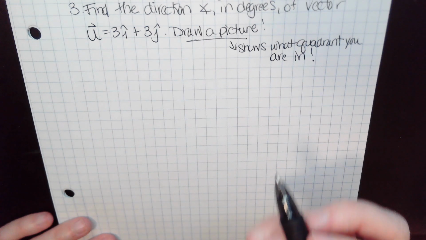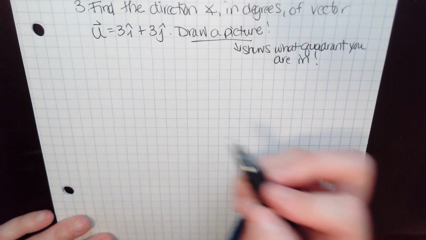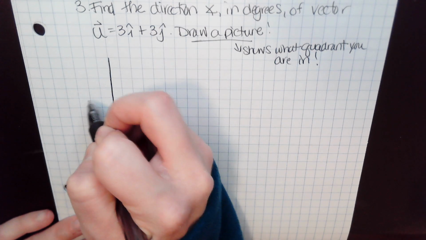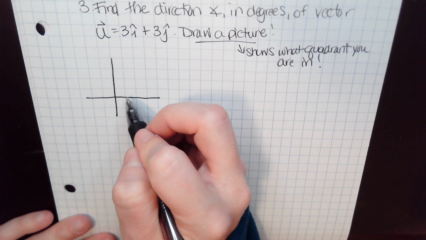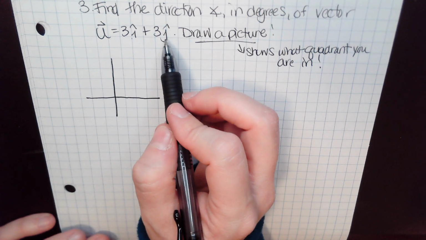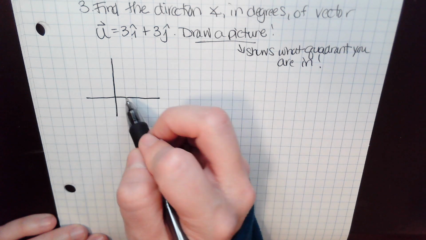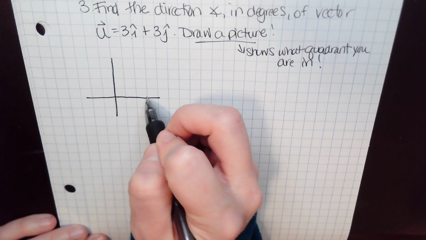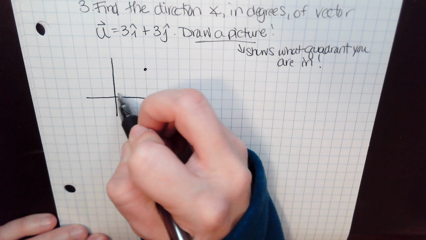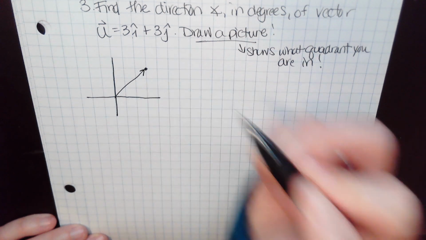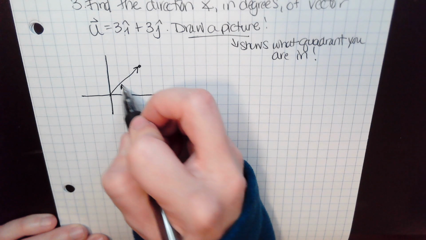All right, so to do this, you can start with the picture. And we'll have, so this is 3i plus 3j, which means in component form that would be 3, 3. So we're going over 3, up 3. So we're in quadrant 1.